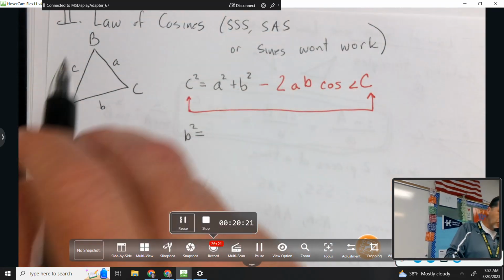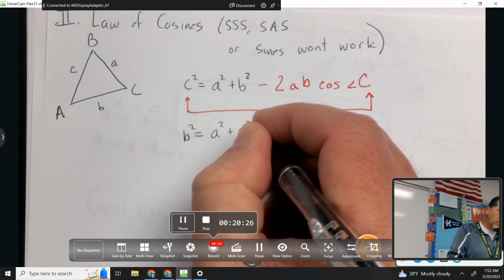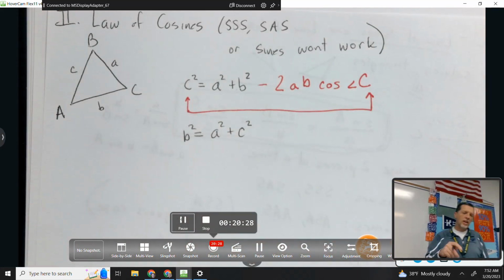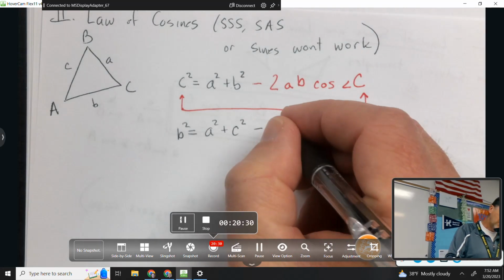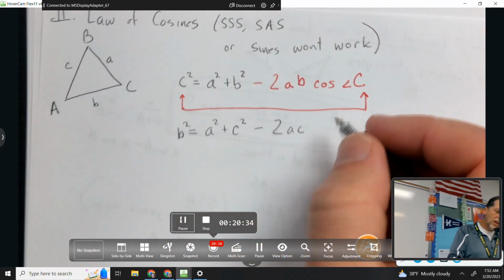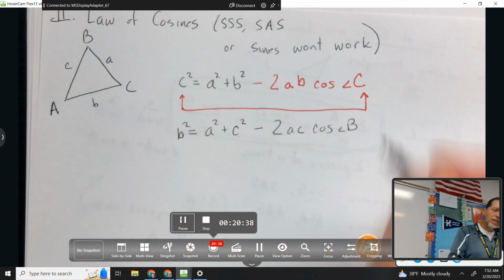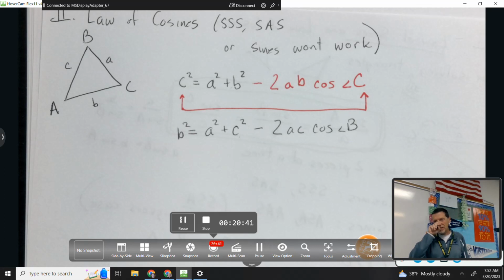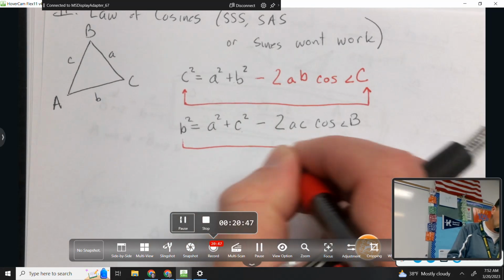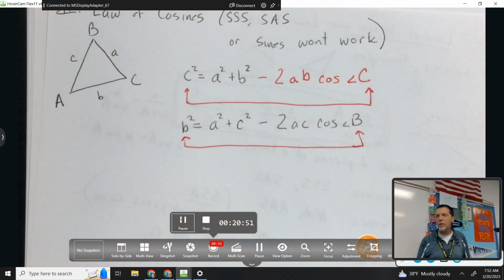So it would just be like if we shuffled up who's labeled what? a squared plus c squared, minus 2, and then these two sides, a and c, cosine of the angle across from it, cosine of angle B. Again, the angle you use is across from in the triangle and in the equation, across from the other side.